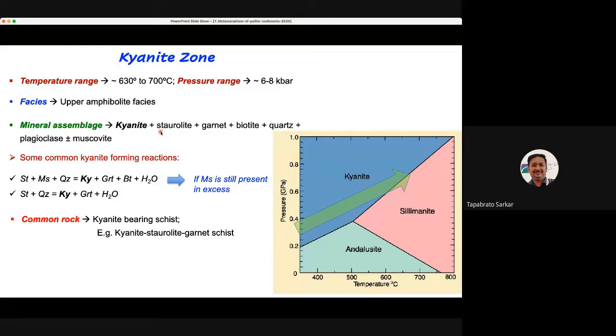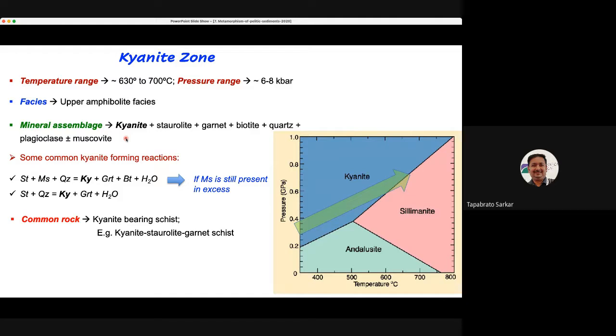Yeah. So if these rocks are polymetamorphosed, which we are not discussing at the moment, this answer cannot be so straightforward, because it depends on what happens to the rock during retrogression.